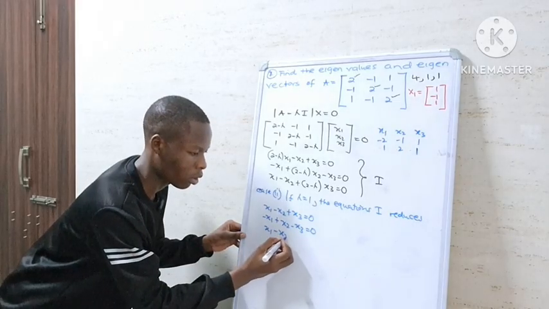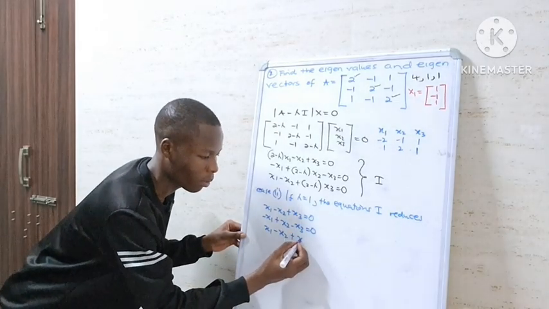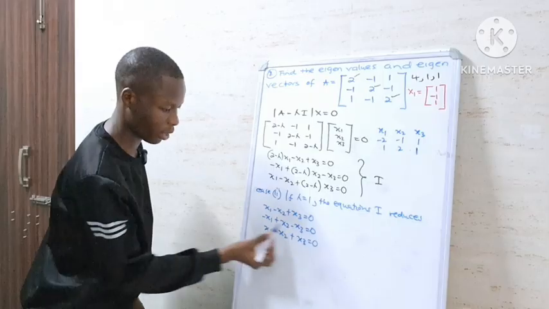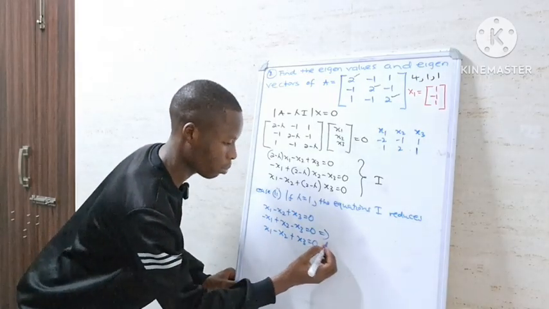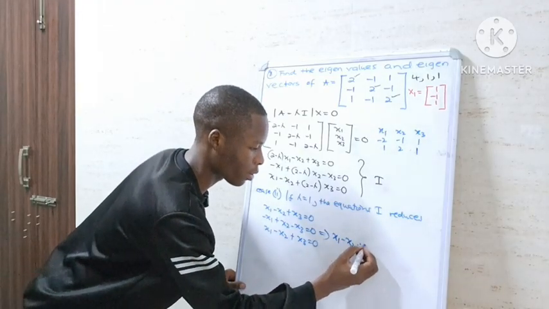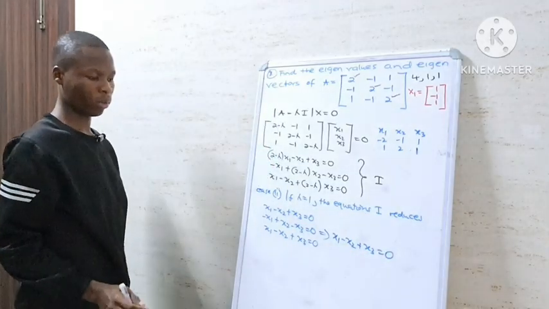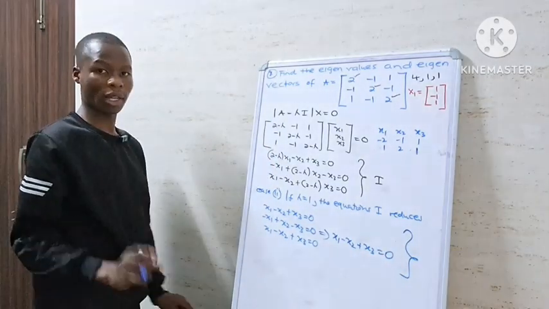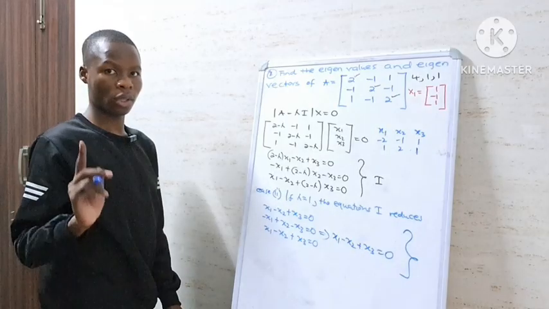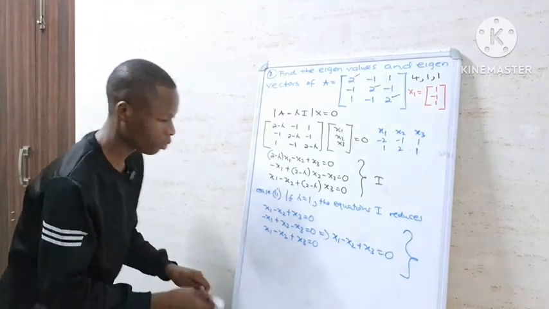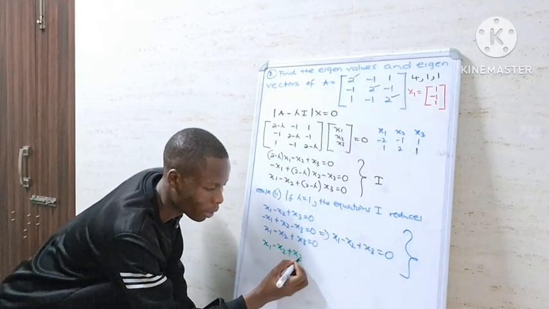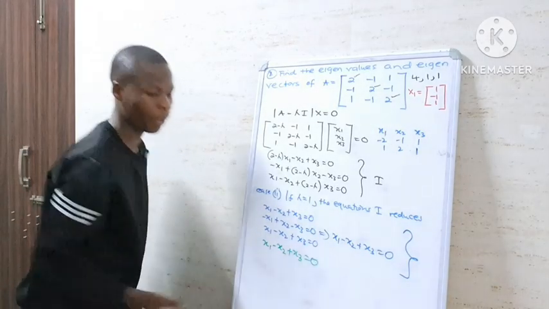This one is x1 minus x2 plus x3 is equal to 0. If you factor out negative 1 in this equation, this becomes x1 minus x2 plus x3 equal to 0. If you check, you have only one equation repeating itself. I said that if the equation is repeating itself, you take one equation. So I'm going to take x1 minus x2 plus x3 is equal to 0.